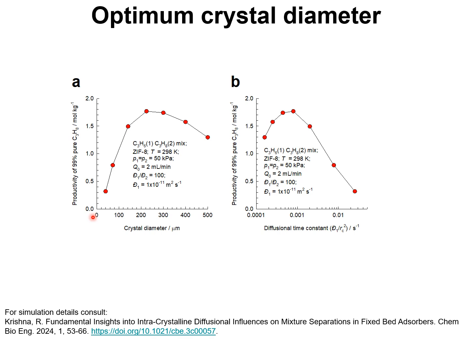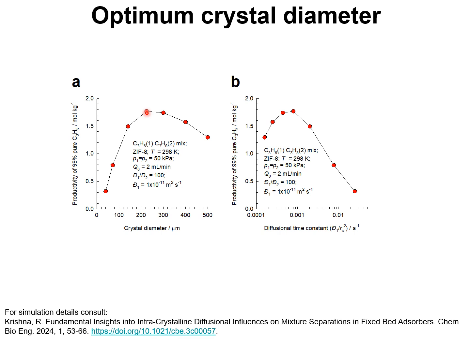We see that the increase in the crystal diameter increases the productivity due to the increasing diffusional influences till a particle size of 224 micrometers is reached.